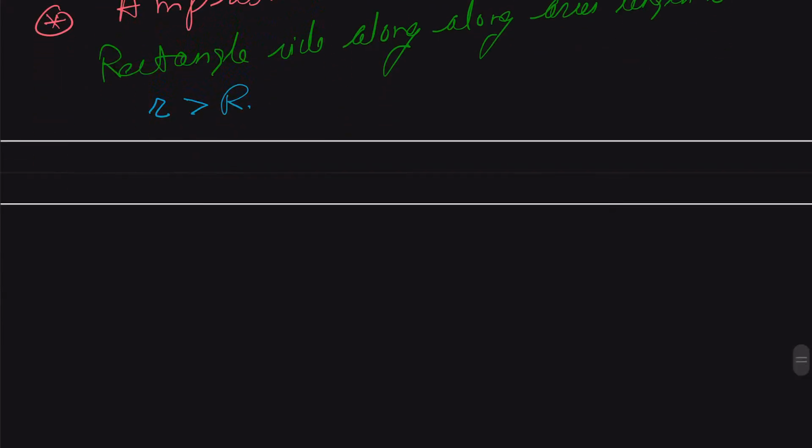So we can write the equation that our Ampere's law for a closed surface will be B dot dl equal to mu naught times the current which is enclosed.